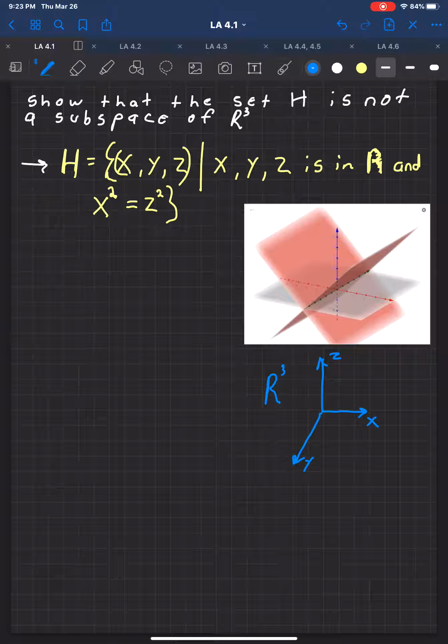Now take a look at the graph that I've produced here. This red region is the subset we are dealing with. We agree that that's not every single point in three-dimensional space. That's a subset of R3.